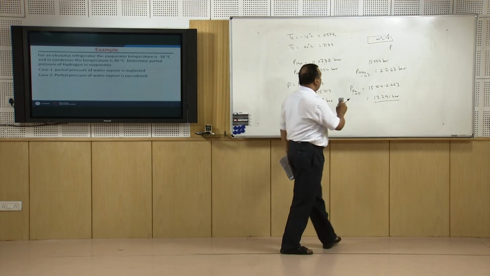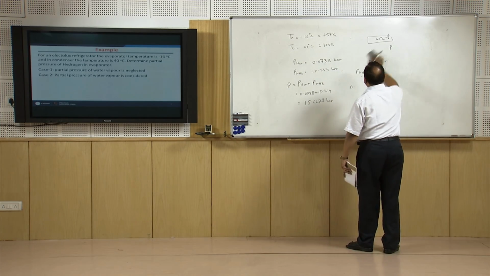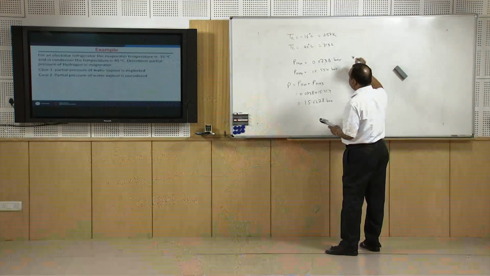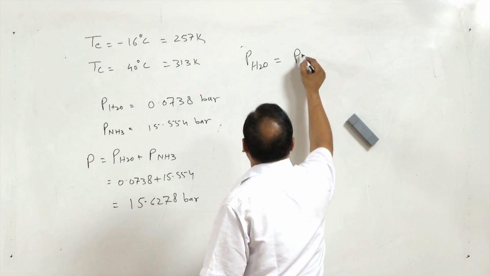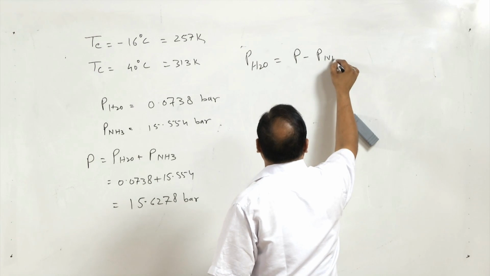Now with this total pressure, if I remove the pressure of ammonia, I will get the partial pressure of hydrogen. So the pressure of hydrogen is equal to the total system pressure minus the partial pressure of ammonia.